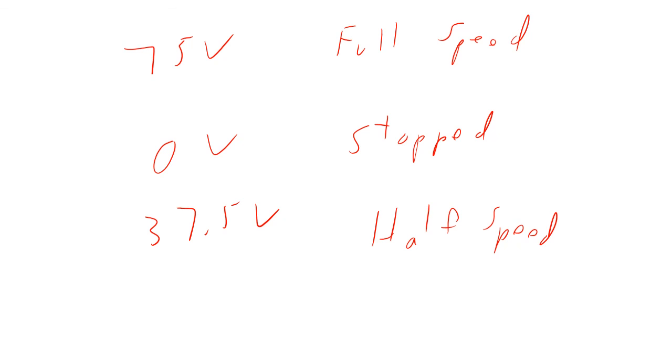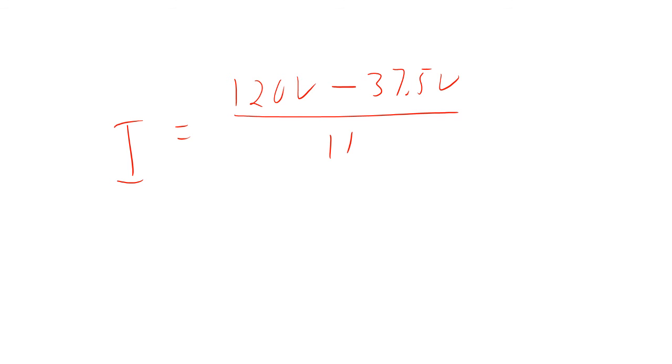So now the question is, how much current would the power tool draw if it's spinning at half speed? So the current would be 120 volts minus the back EMF, which is now 37.5 volts, divided by the armature resistance. And so that's going to be the current drawn by this thing.